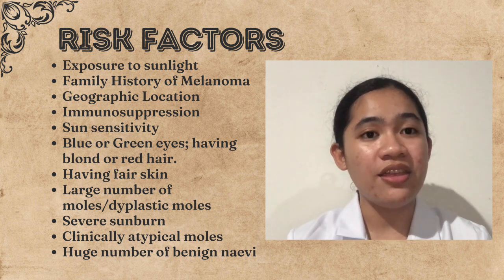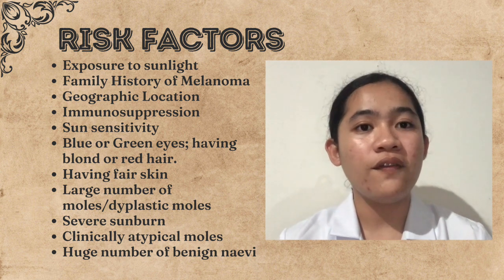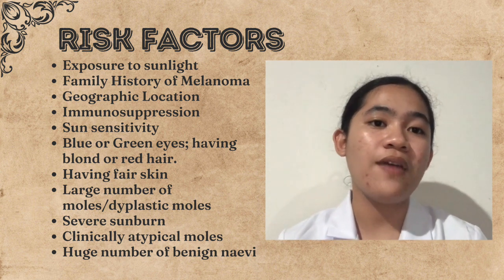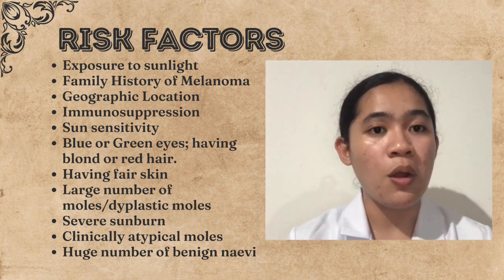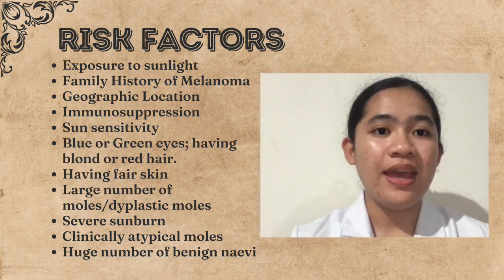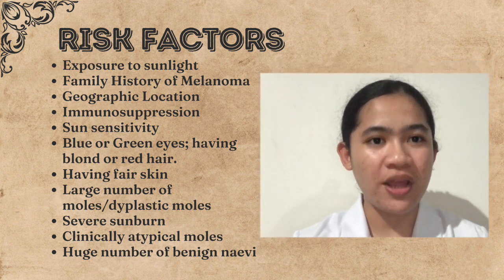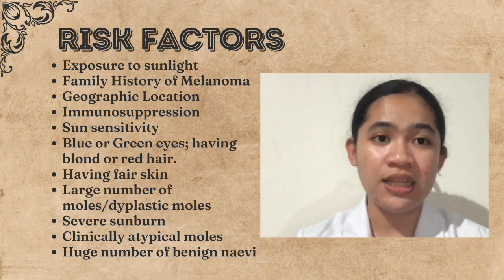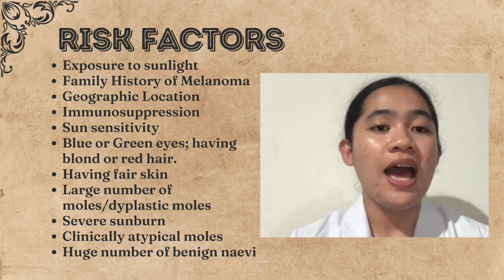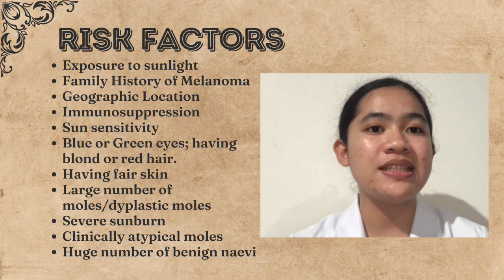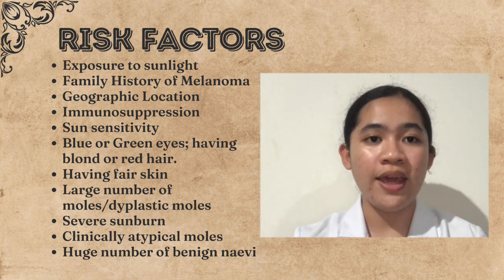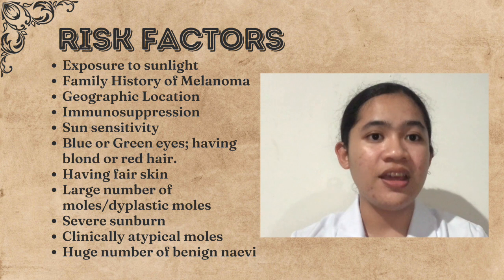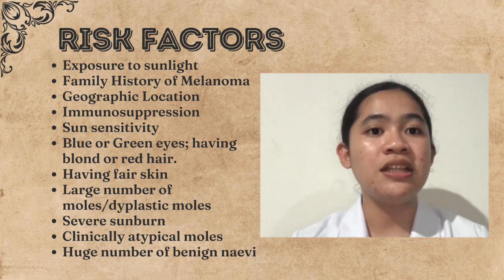Sunlight is one of the predisposing factors for why an individual can have malignant melanoma or skin cancer. And then immunosuppression. Immunologically suppressed individuals as well as immunosuppressive drugs, bacteria, diseases, and viruses play a huge role in why an individual can have skin cancer or malignant melanoma.